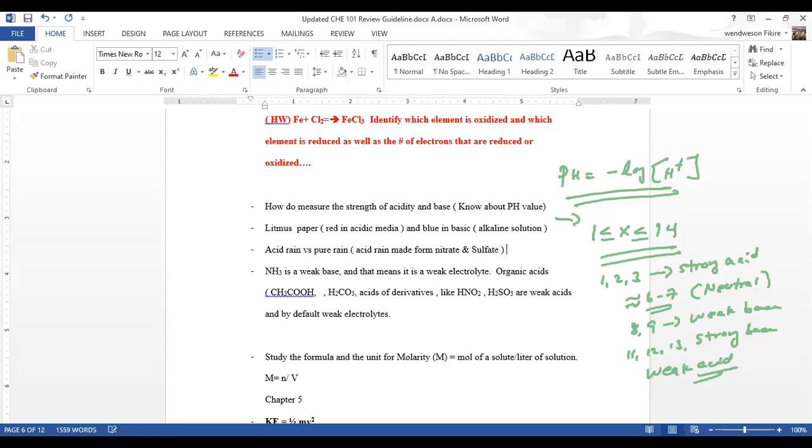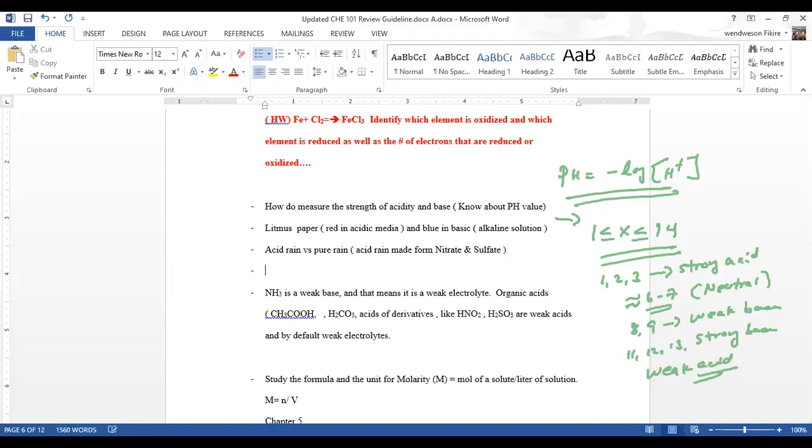Then you will also have pure water rain, made from carbon dioxide.